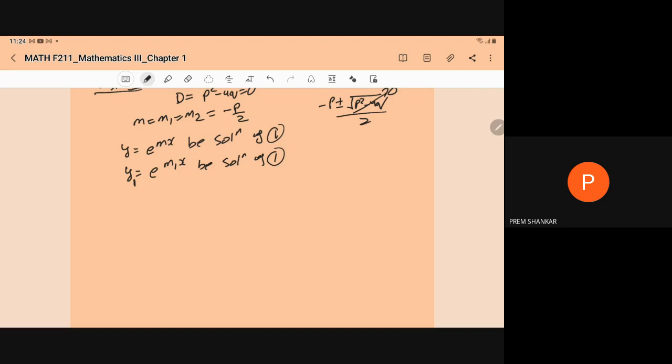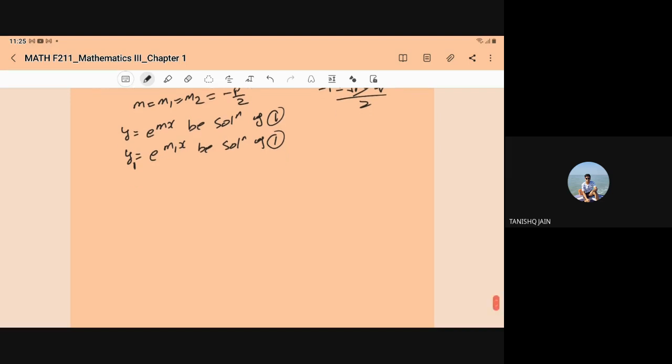So how can you determine the second solution? You have only one solution. How can you determine the second solution? We can find v of x, or we can use the theorem we have studied in section 16.